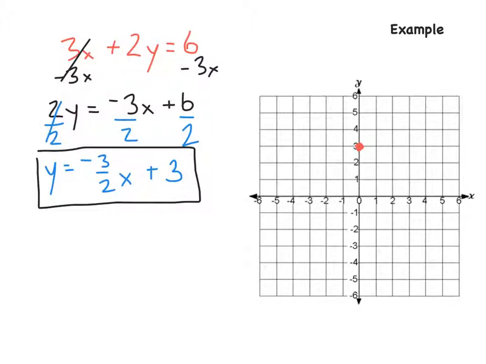So that's down 3. And then when you run 2, go to the right since it's a positive 2. So we make our point here. Now that we have our 2 points, all we have to do is draw a line. And this is our graph for 3x plus 2y is equal to 6.